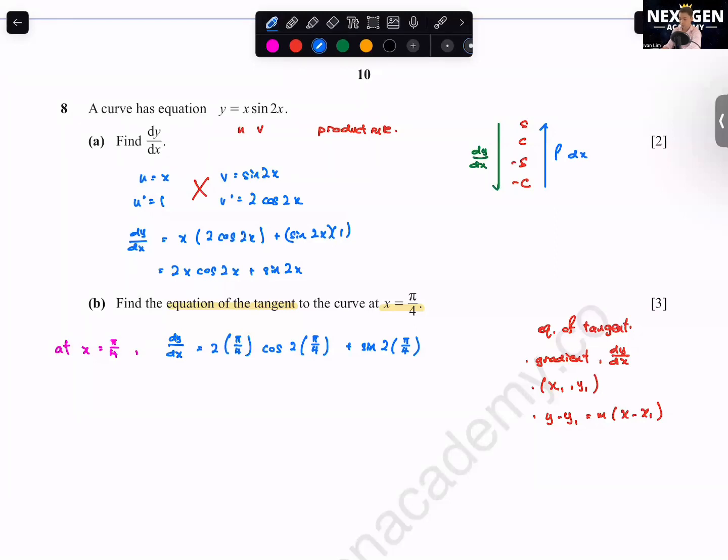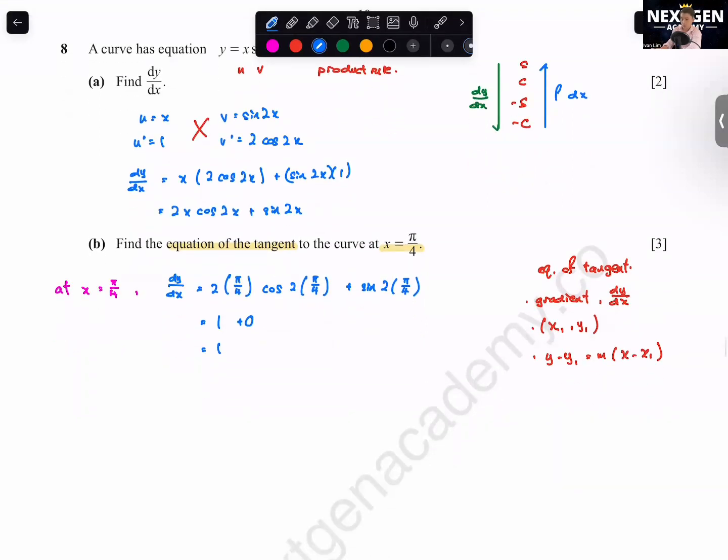Because we are putting a radian value inside. Whenever you see pi or some constant value, it will be radian already. Take note every time when you do trigo, if it's degree, then there is a small circle at the top right. What will you get here? Just type the whole thing in the calculator. It is 1 plus 0. So your gradient equals 1.